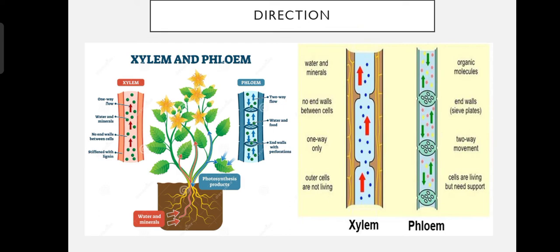Xylem has no end walls between cells, and phloem has end walls, that is sieve plates. Cells of xylem are not living and cells are living in phloem tissue.